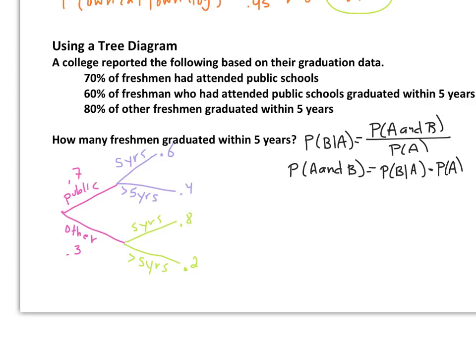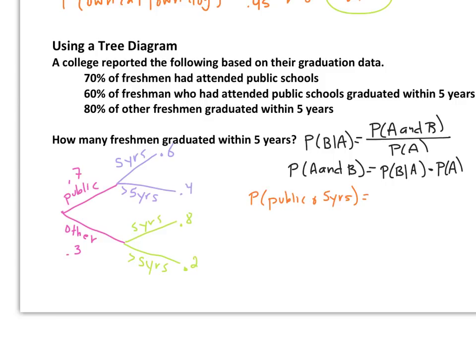Now, if we look at our two separate probabilities that we're looking at here, so first we have the probability that they went to public high school and graduated within 5 years.